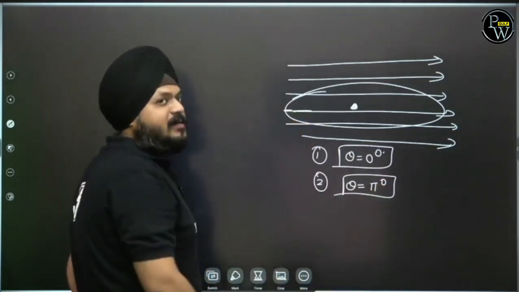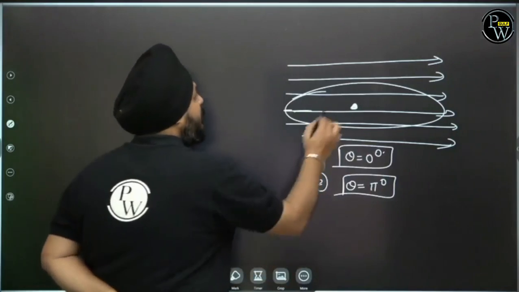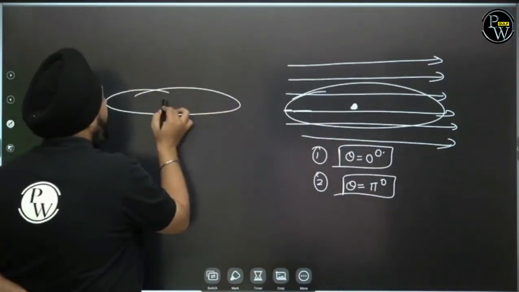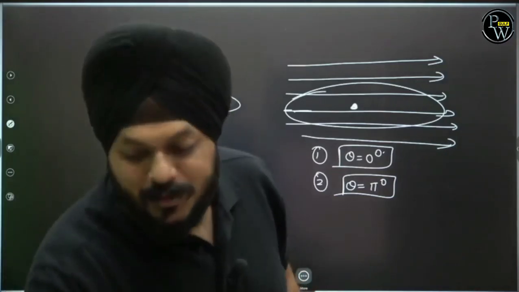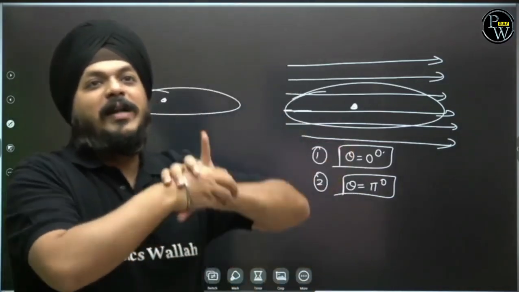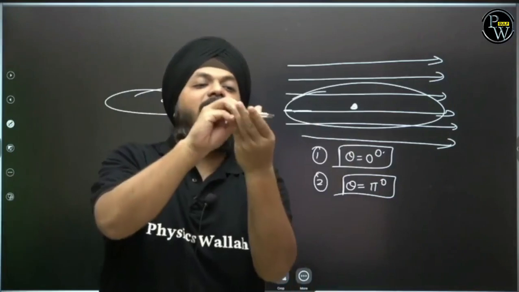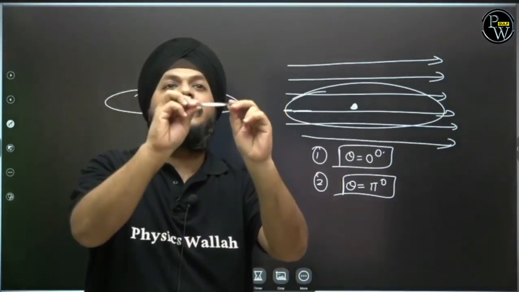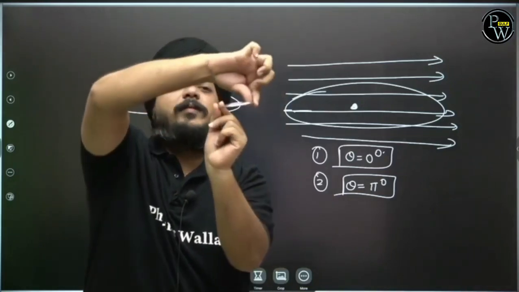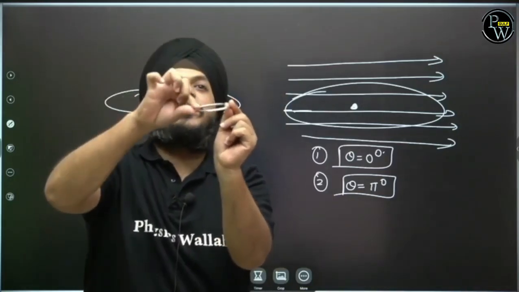Here theta is 0. Suppose it rotates, the position is going to be the same only, but at theta equal to 0, we are having the stable equilibrium. Now it rotates by 180 degrees.